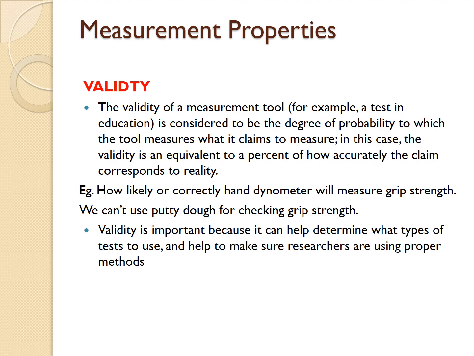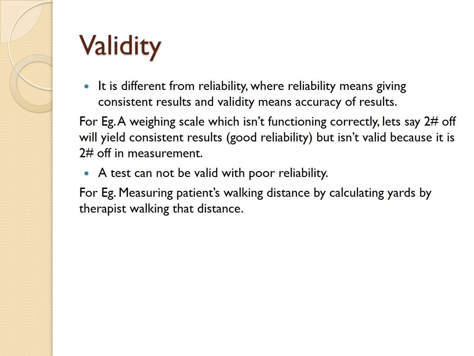But when we have a set measuring tool, let's say a measuring tape with equal spacing, or a hand dynamometer with equal spacing, all these are valid tools as well, that have accurate spacing or distance between one.